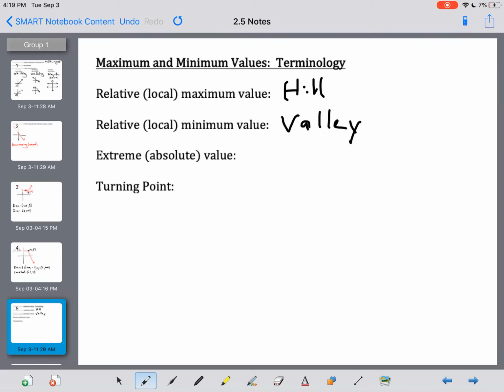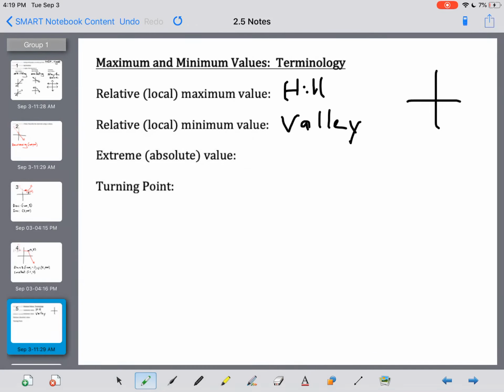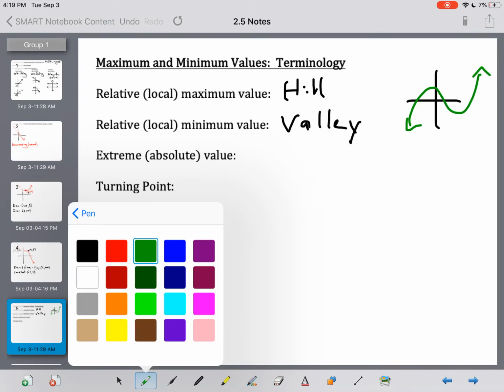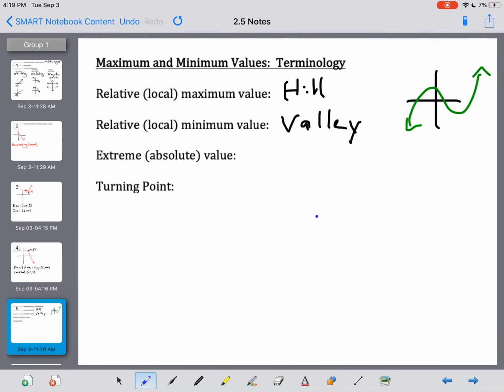I guess I can sketch in some examples. So if we've got some graph that, I don't know, does something like this. Well, an example of a hill could be right here. That would be an example of a relative max.